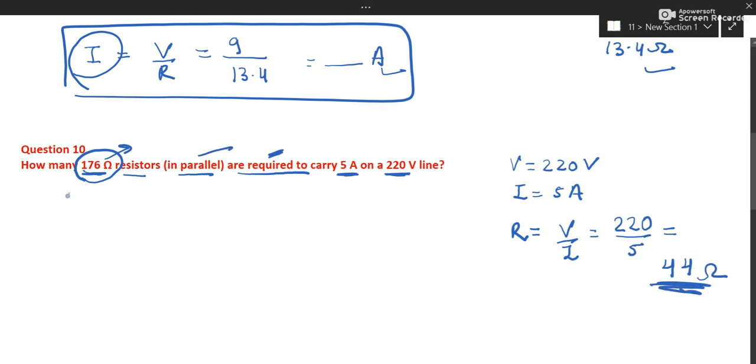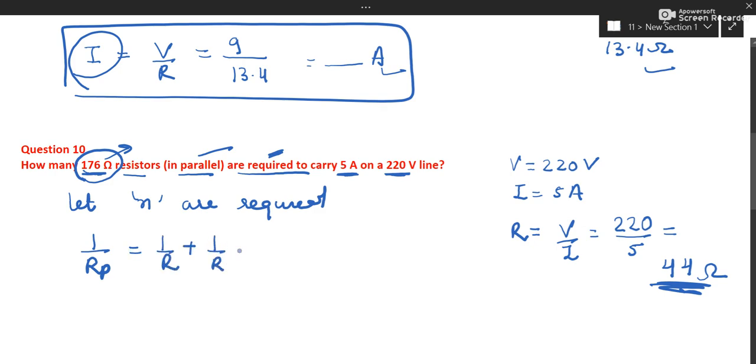Okay, how many 176 ohm resistors are required to get this much resistance in parallel? So let us say N are required. N numbers are required. So you know in parallel we have this formula 1 by Rp is equal to 1 by R plus 1 by R and so on up to N times how many resistances I have taken. So let us substitute.